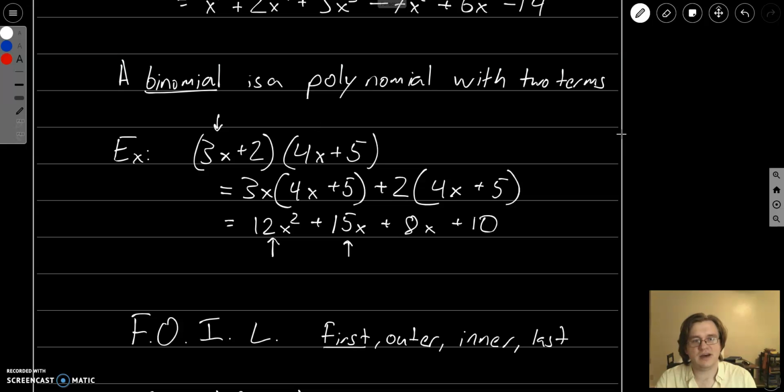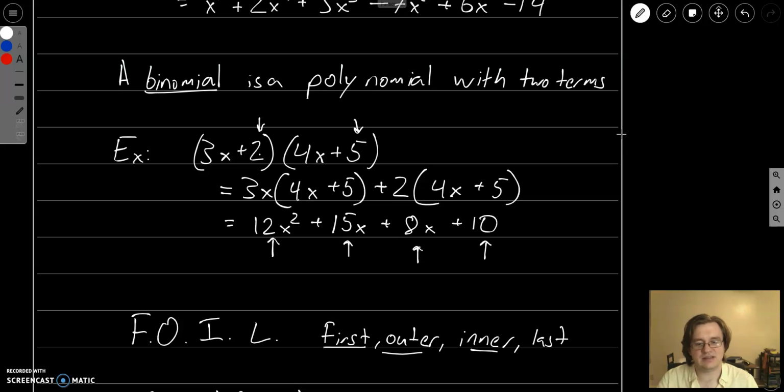The 3x and the 5 are the two outside terms in the polynomials, the ones furthest away from the middle. Next, we had 8x, which came from 2 and 4x, and these came from the inner two terms in the polynomial. And lastly, the 10 came from multiplying the 2 and the 5, which are going to be both of the last terms in the polynomial.